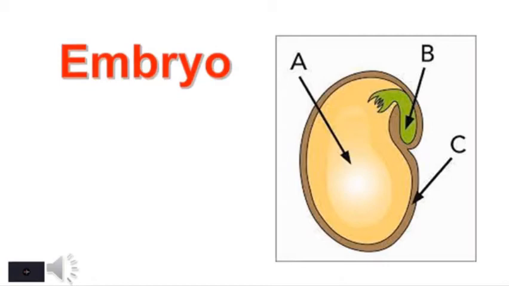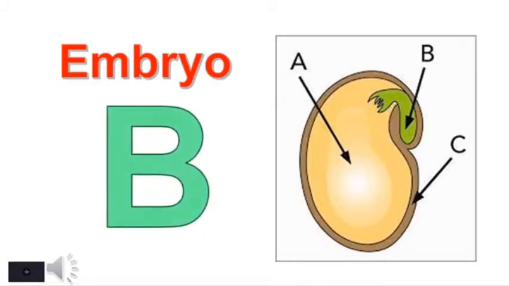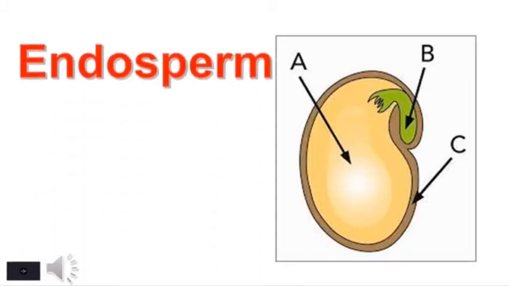Is it A, B, or C? Number 3. Endosperm. Where is the endosperm? Is it A, B, or C?